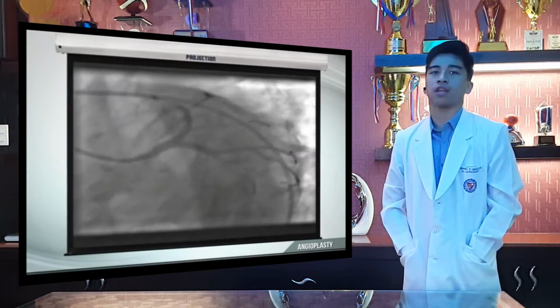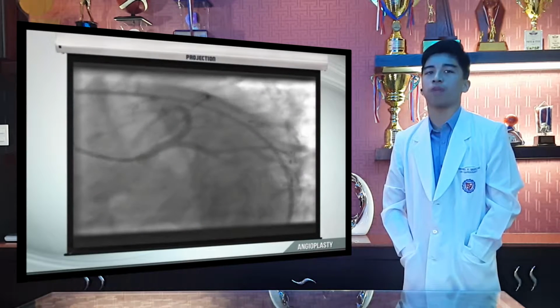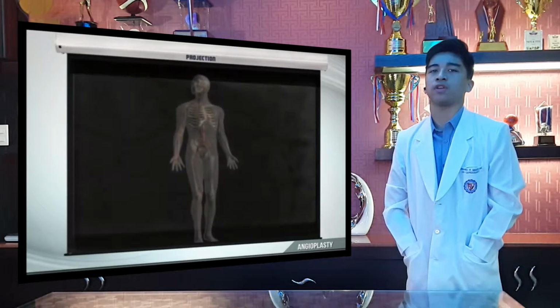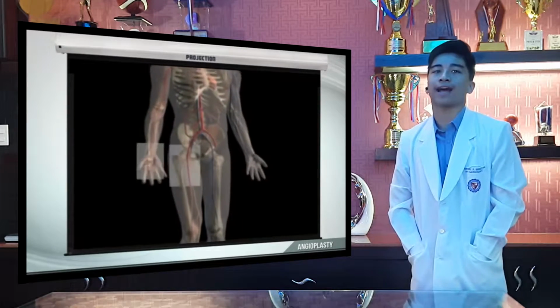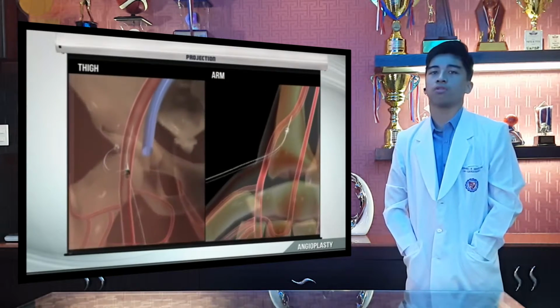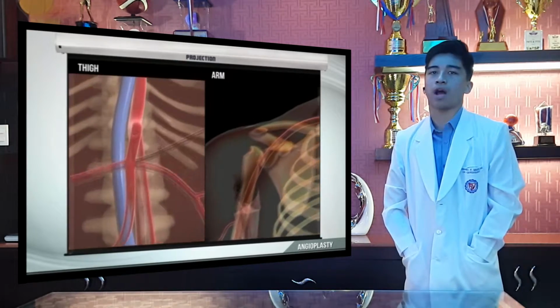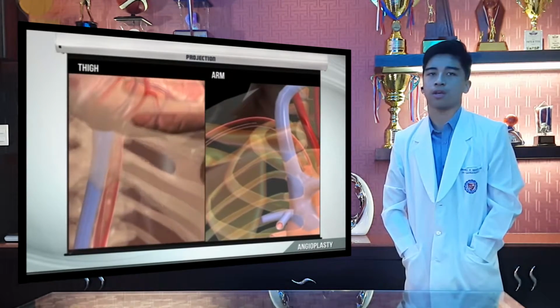What is coronary angiography? An angiography is a reliable procedure to detect blocked blood vessels. It is an X-ray visualization of the heart's blood vessels. During an angiography, a flexible tube called a catheter is inserted through the blood vessels of the thigh or the arm towards the blocked segment of the heart artery.